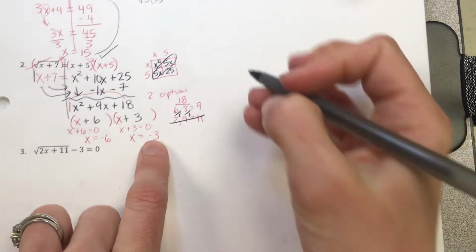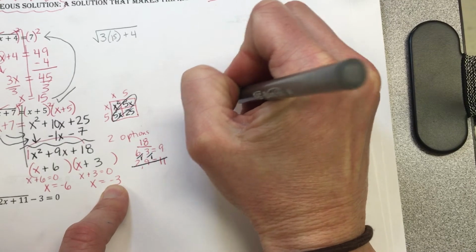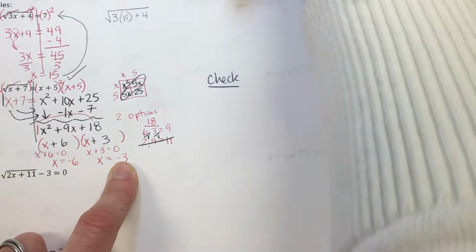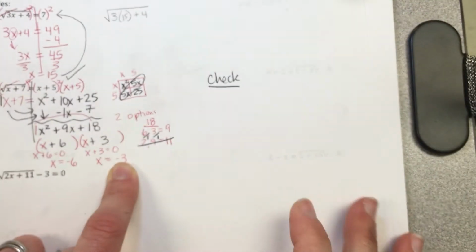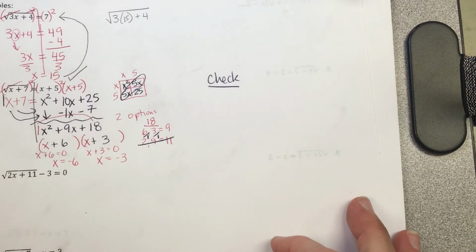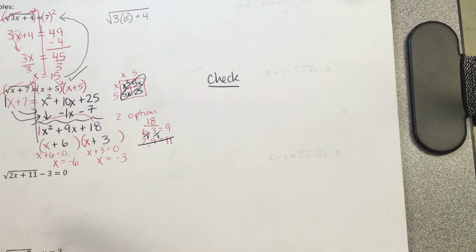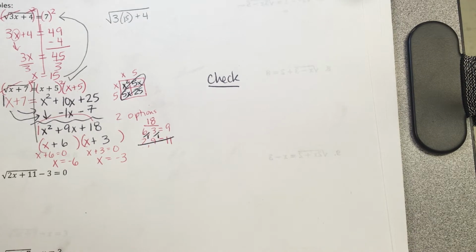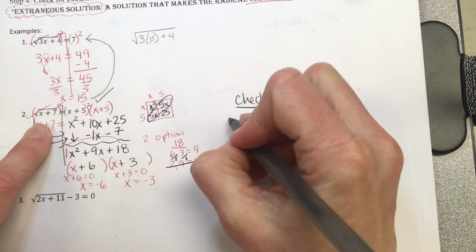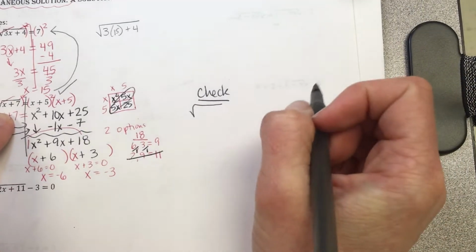All right. We have to check our answers. We're going to use the calculator as much as we can. So, all right, guys, let's check negative 6 first. So I'm going to write square root of negative 6 plus 7.